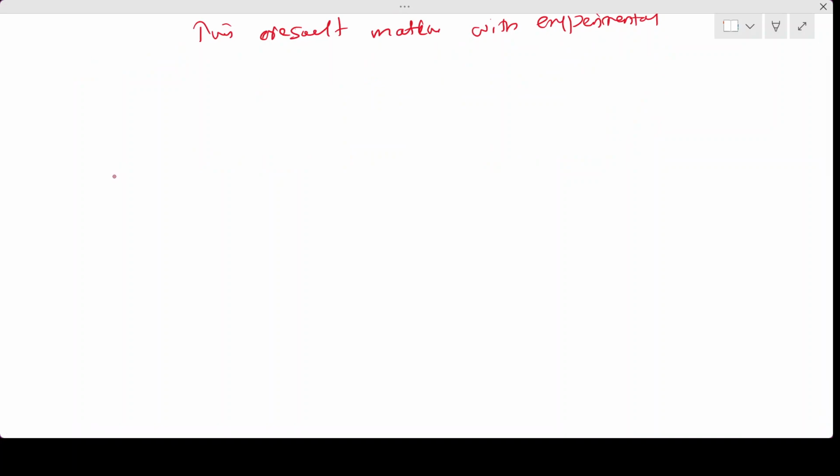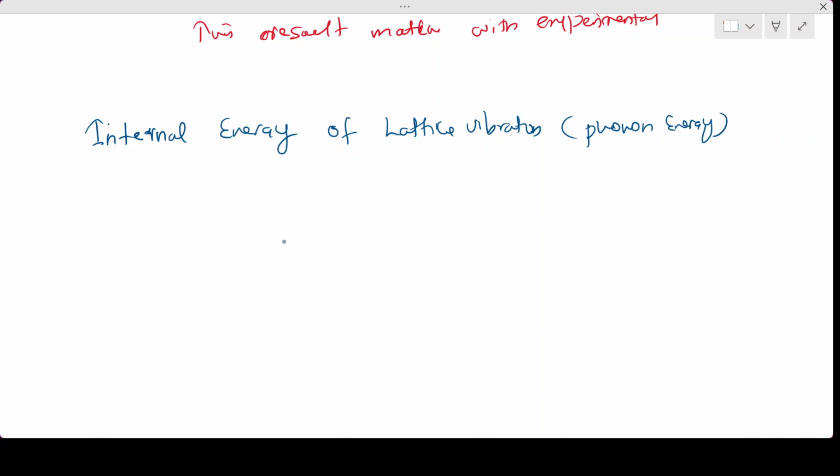So you can see when you consider the internal energy of lattice vibration, which we can also call the phonon energy.